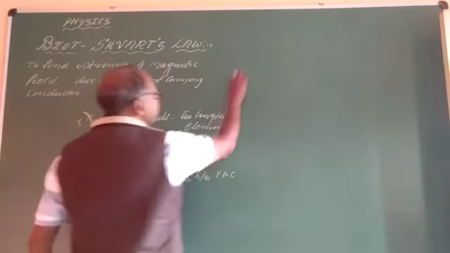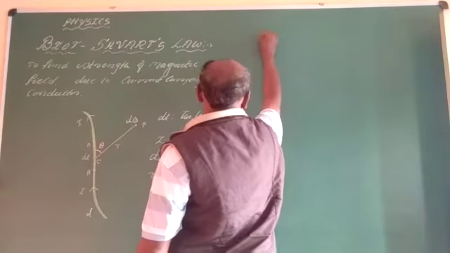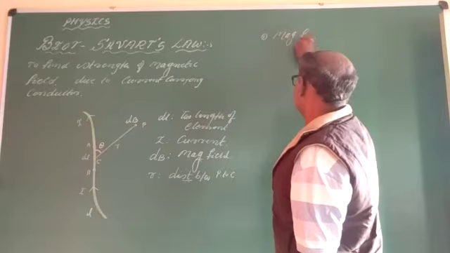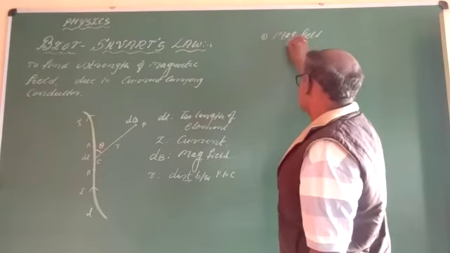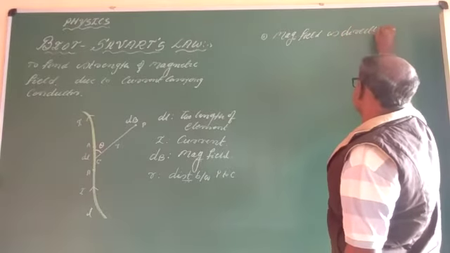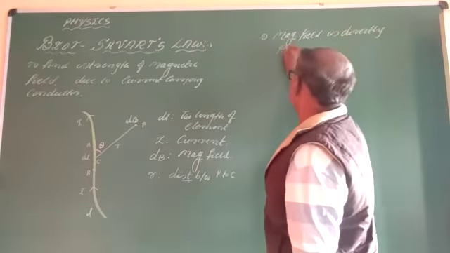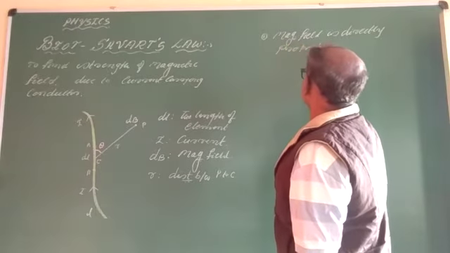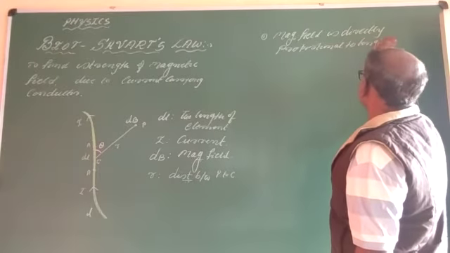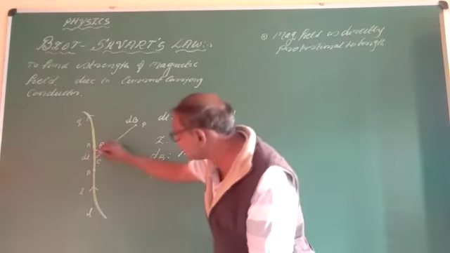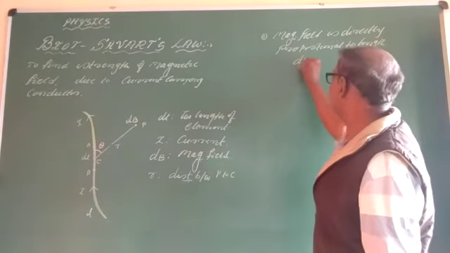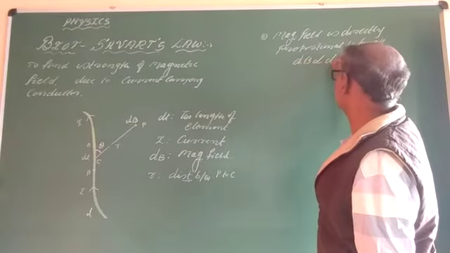So first and foremost, the magnetic field is directly proportional to length. That length is nothing but dl, the smaller element. So I can write dB is directly proportional to dl.